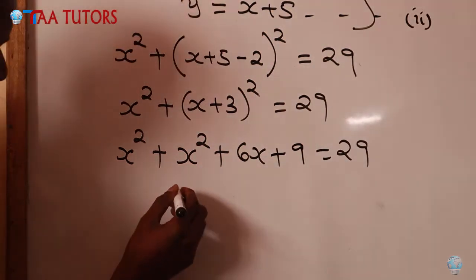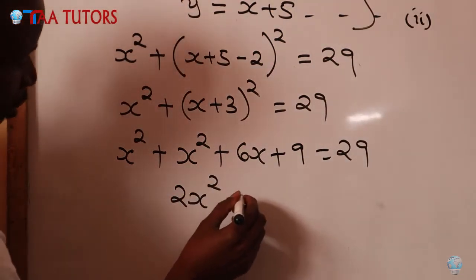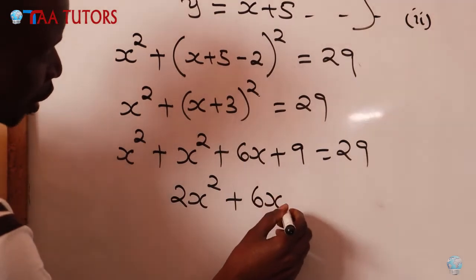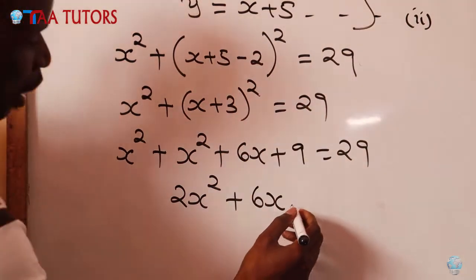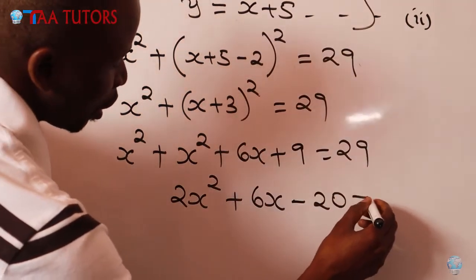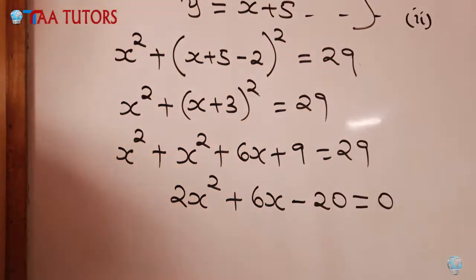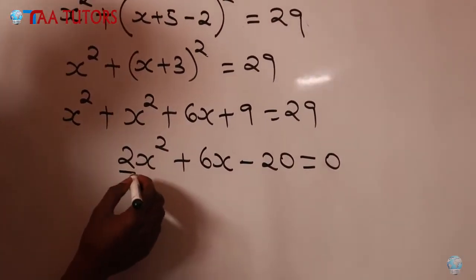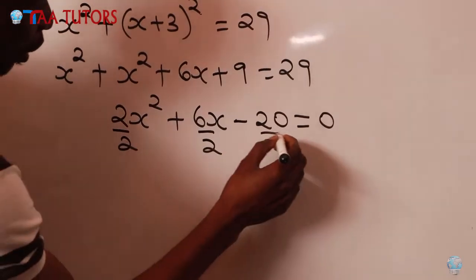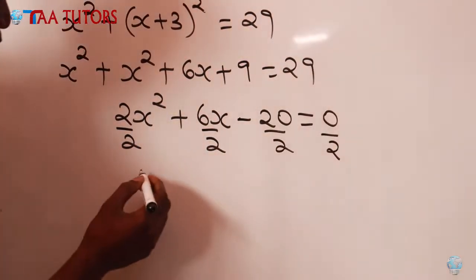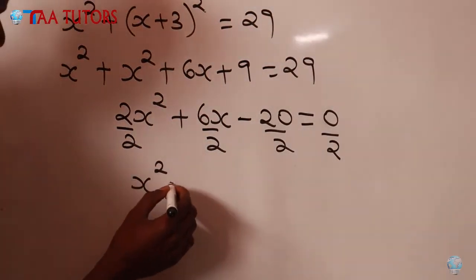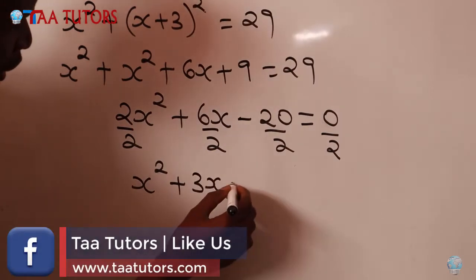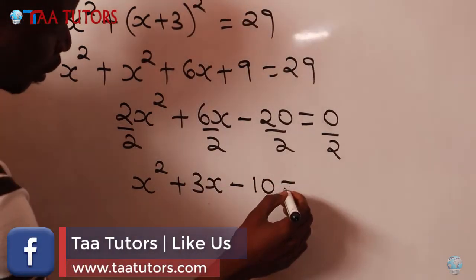If I add these, I'll get 2x squared plus 6x. If I bring 29 here, I will have minus 20 equals 0. So let me divide by 2 to simplify: x squared plus 3x minus 10 equals 0.